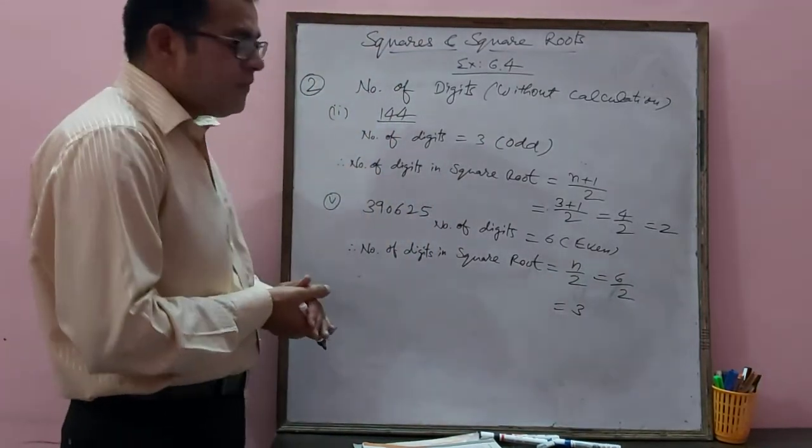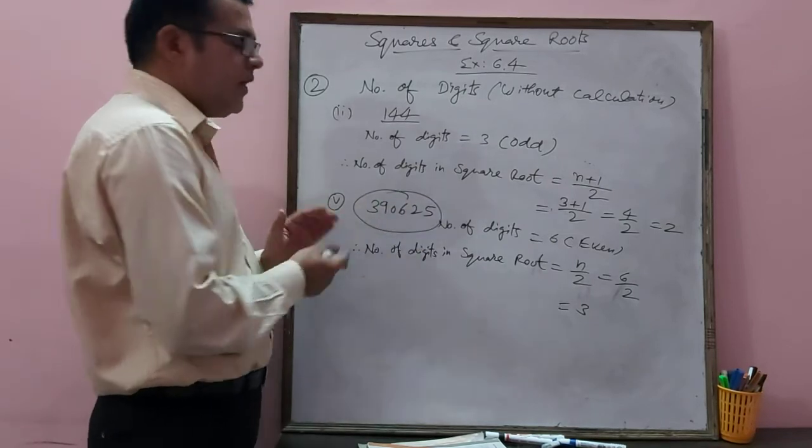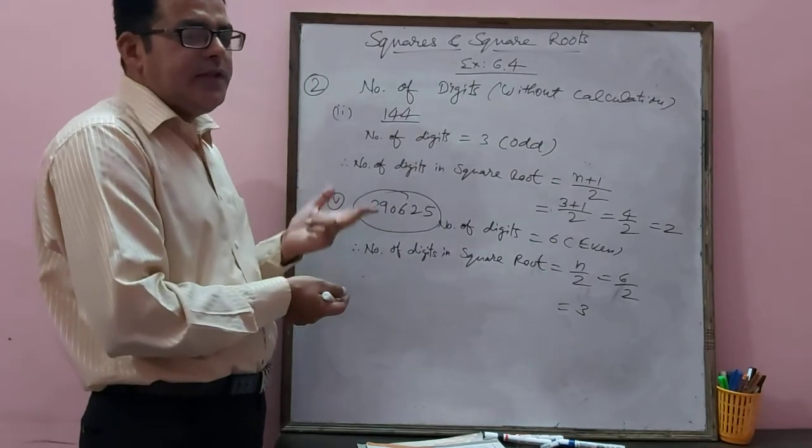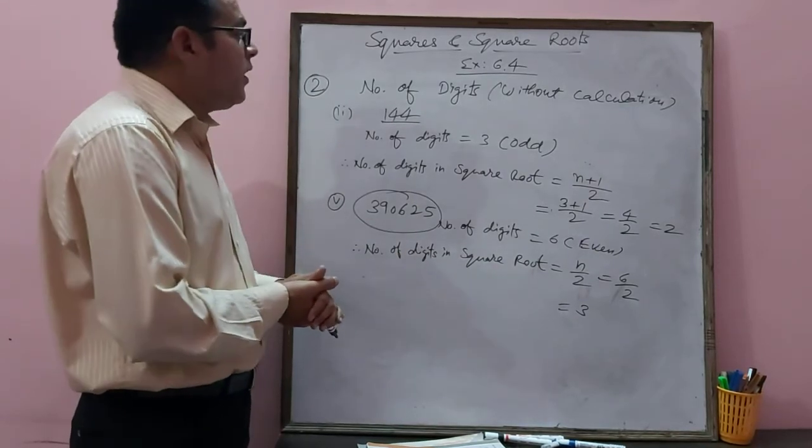It means if you find the square root of this number, you will get 3 digits. Hope you understand.